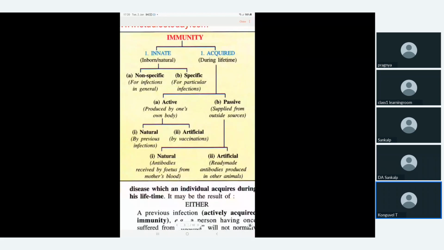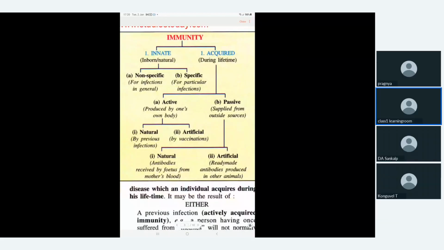Have you taken any vaccine? Can someone tell me? Yes, sir. I have had two shots of COVID-19. Anything else from your childhood? Covaxin, Covishield, whatever.